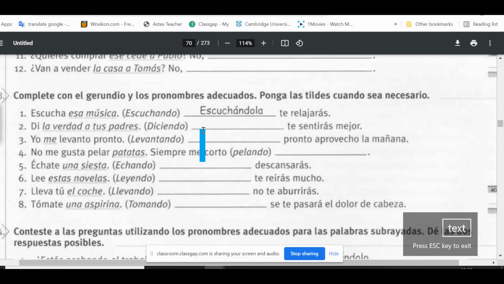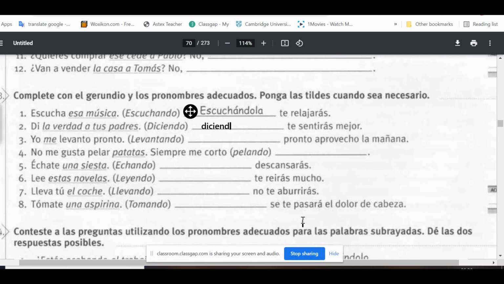Okay. Dile la verdad a tus padres. Diciéndosela. Okay, there are two objects. Remember. La verdad a tus padres. So tus padres is the indirect object, so it will be "se" here, and la verdad, but "le" will become "se" kind of.